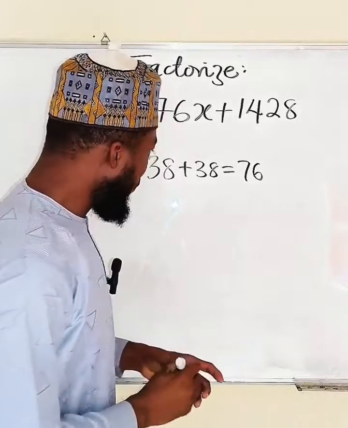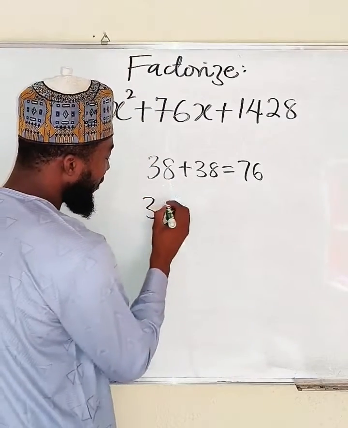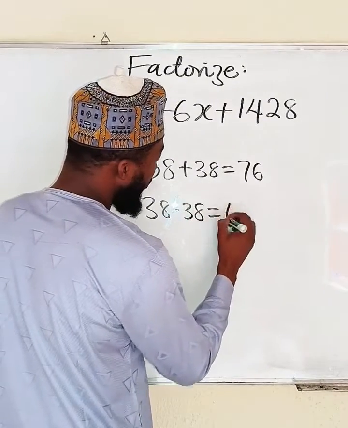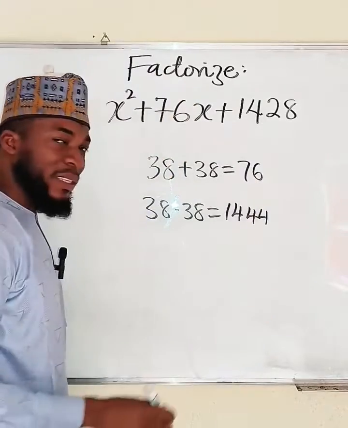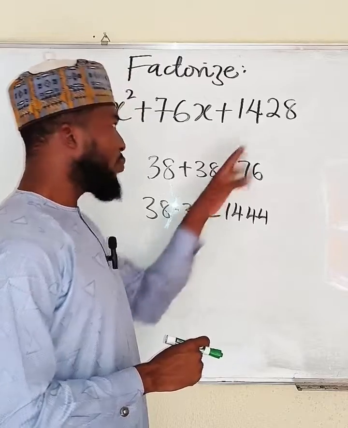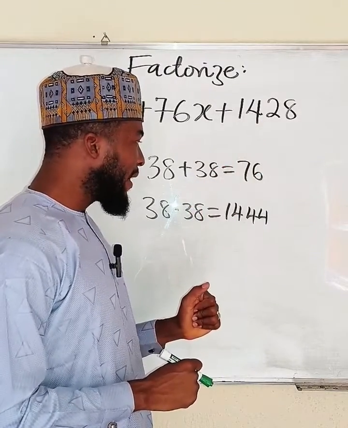But the question is, what will be the product of these two numbers? If you take 38, you multiply by 38, this will be 1444, which is bigger than this constant. But we need that combination where the product will be equal to the constant. So how can we do that?